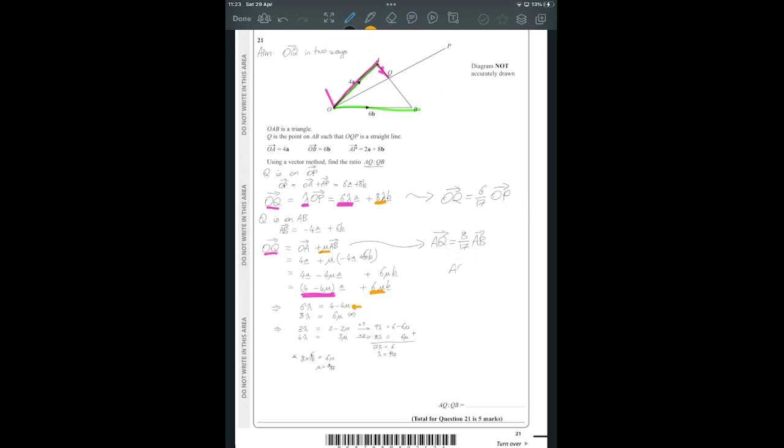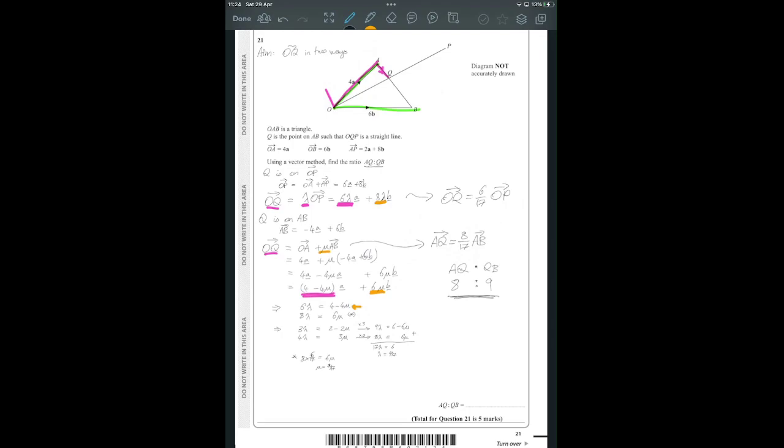The A to Q part is 8 parts, and the left over, the Q to B, is 9 parts. That makes the fraction 8 out of 17 and gives us the ratio that we cared about.